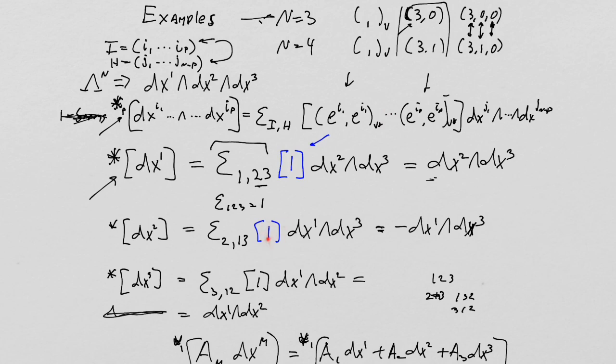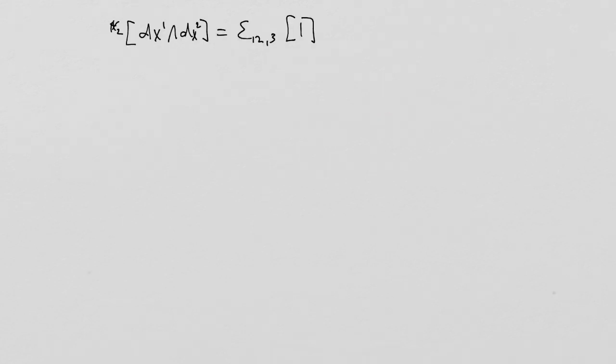Down here, there was only 1 factor. This would have been E superscript 2, E superscript 2, the inner product. This one would have been E superscript 1, E superscript 1. But there's only 1 factor because the length of the list, P, was only one long. Here, the length would be 2 long, but it doesn't matter. It's still 2 factors of 1. So I'll still keep that thing in there. And then there's only 1 term left over, and that's dx3.